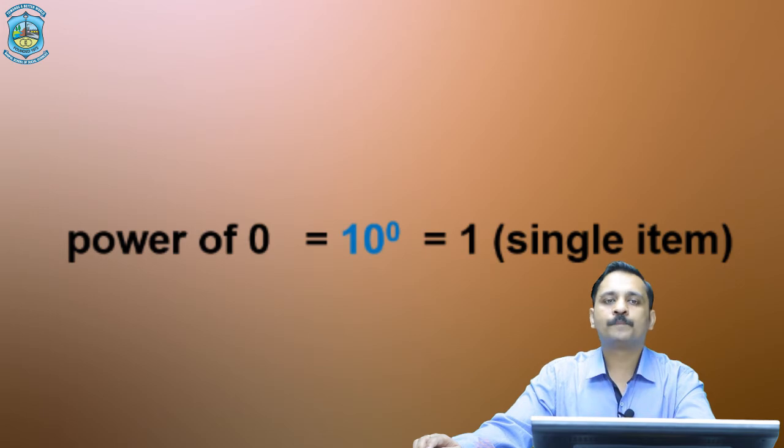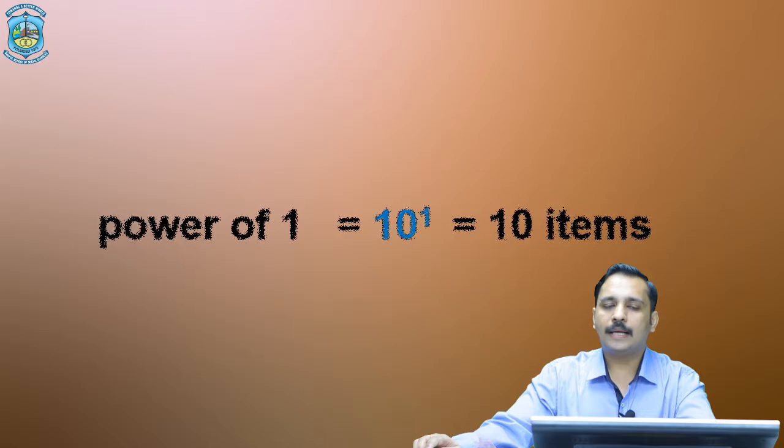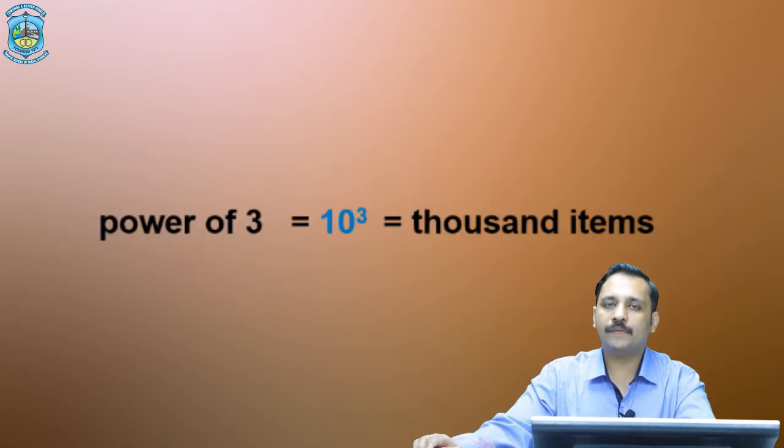Logarithms help put numbers on a human-friendly scale. For example, the power of 0, which can be represented as 10 raised to power 0, is equal to 1, which represents a single item. The power of 1, that is 10 raised to power 1, is equal to 10, that is 10 items. So you see, just by adding this power 1, we have 10 times the value of a single variable.